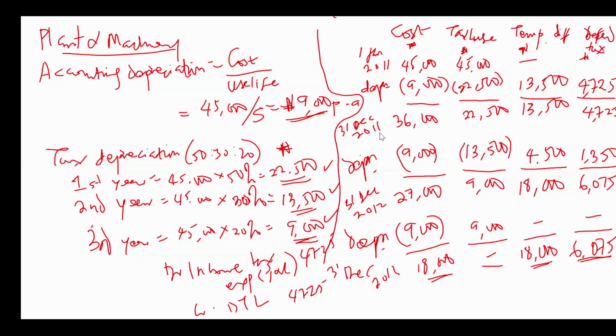In the 2nd year, I will not carry everything like this. What I will say is debit income tax expense movement. This is the movement, 1,350. And then I'll credit DTL, 1,350. This is the most I will do to answer this question. That's the most, for me to just add the accounting treatment in terms of the double entry.